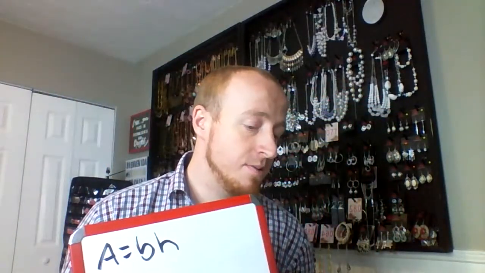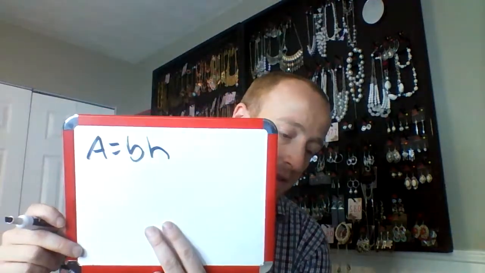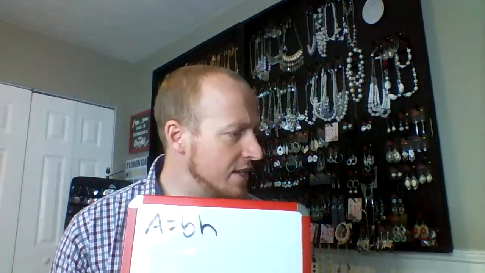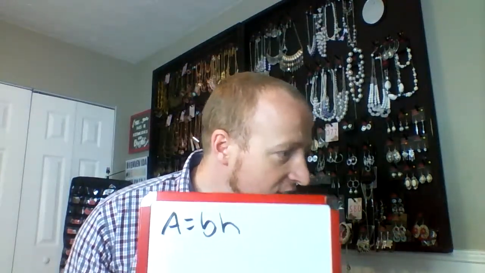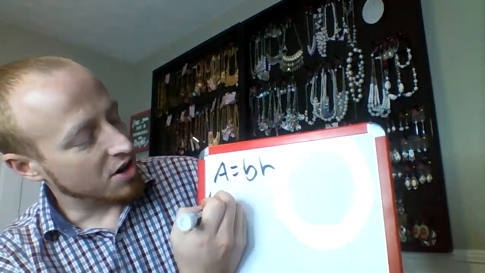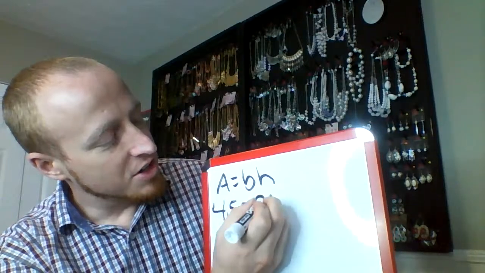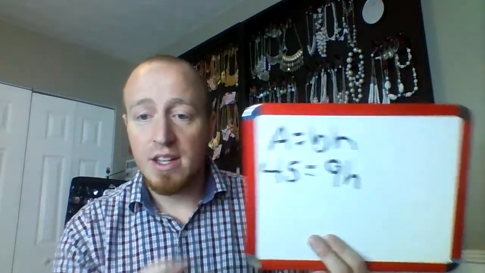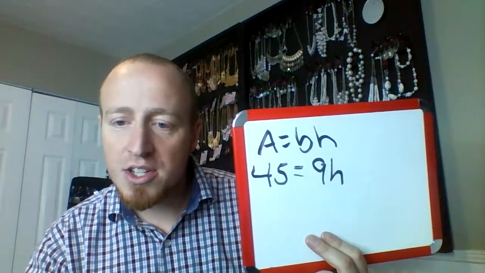All right. It says on example 3, it's given us that the area is 45 and the base is 9. So we still start with the formula and then plug in our values. It's just now it so happens to be 45 equals 9h.